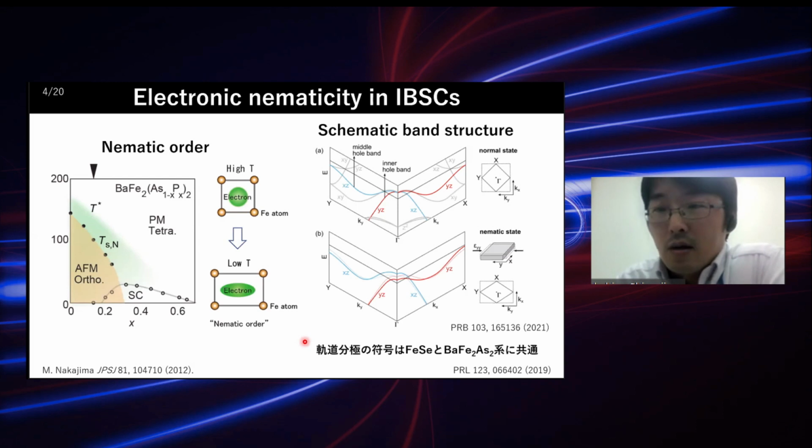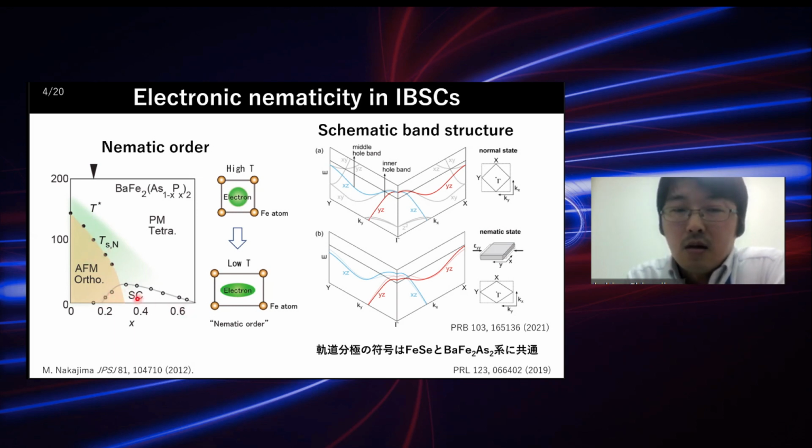As you know, the electronic nematicity in iron-based superconductors appears in this yellow region of the phase diagram. There is a structural phase transition at Ts and antiferromagnetic order at Tn, and the superconductivity appears here.